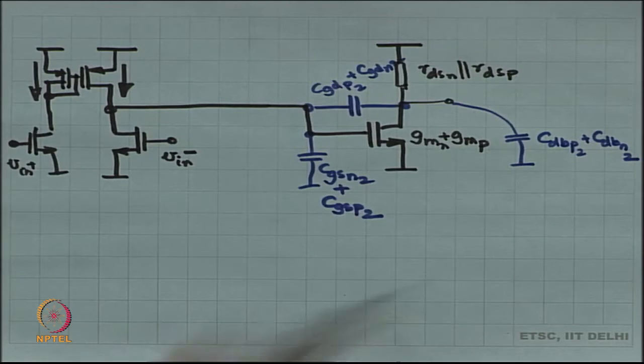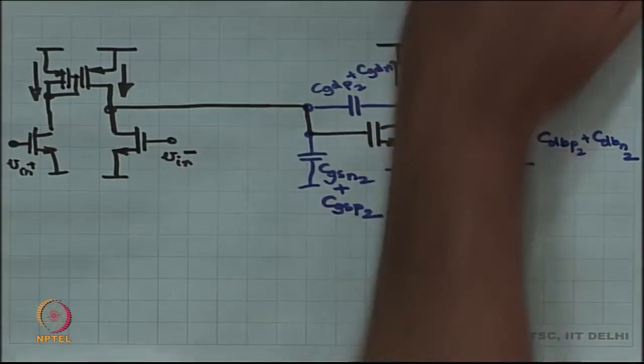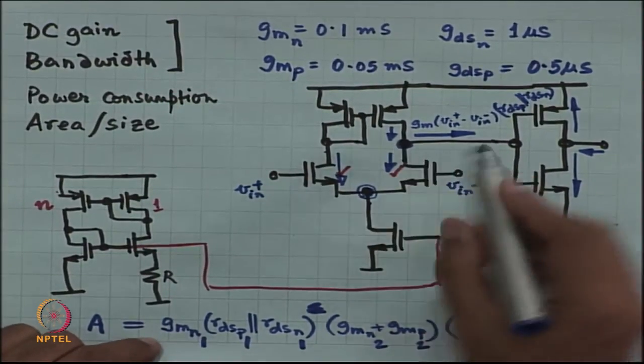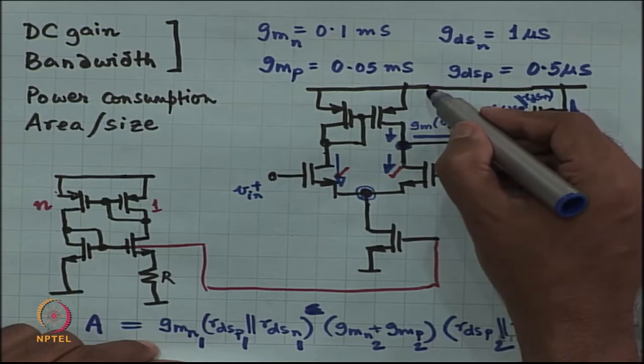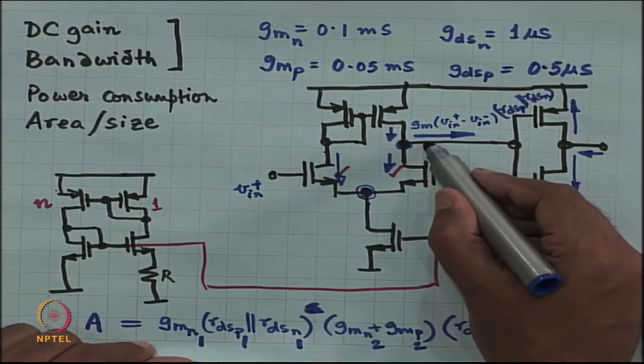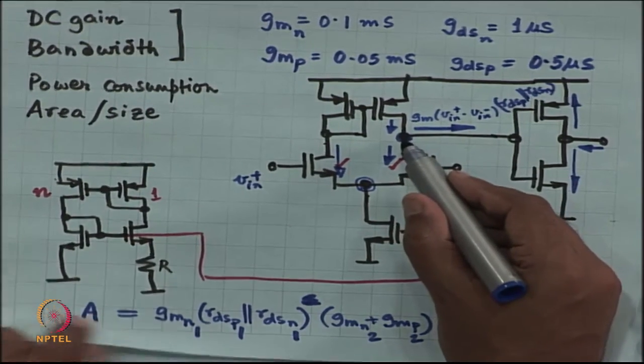Now, the first stage. In the first stage, I have drain to body capacitance of the PMOS as well as of the NMOS, right. Those capacitances come onto this node.